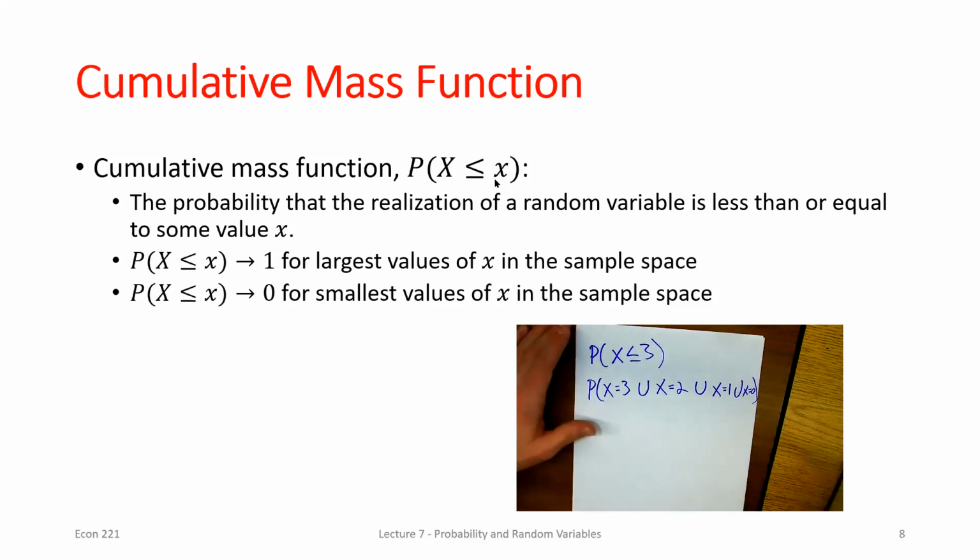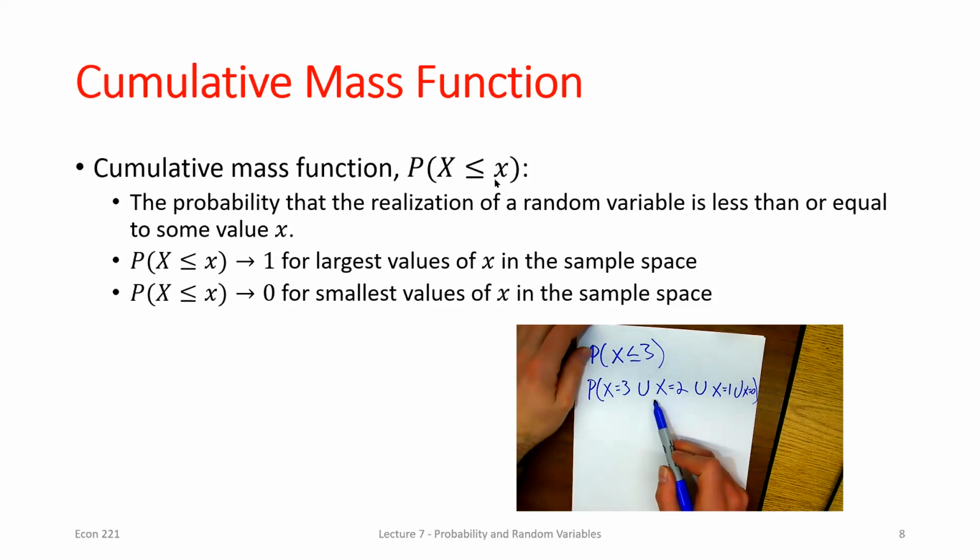Anytime we're looking for unions, what was the rule? You take the probability of each event, and then subtract what you double counted, the intersection. Here, could I ever see exactly 3 and exactly 2 children in a household? No. One of those has to be true: there are either exactly 2 kids, or exactly 3 kids, or exactly 1 kid. So there are no intersections between any of these events.